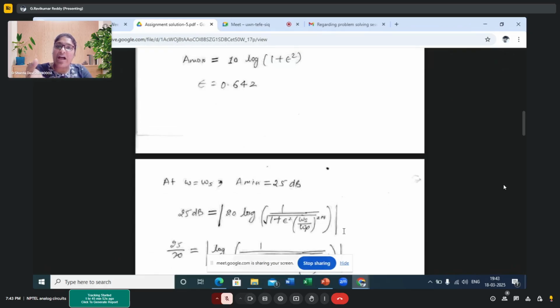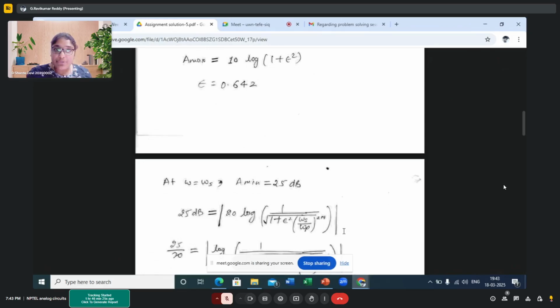There would have been a square root in the second case as well, but when you remove the square root, the power of 1 by 2 will come in. So if I write 20 log root under 1 plus epsilon squared, I can convert that. How did we get the 1 plus epsilon squared, madam? From where did we get that?